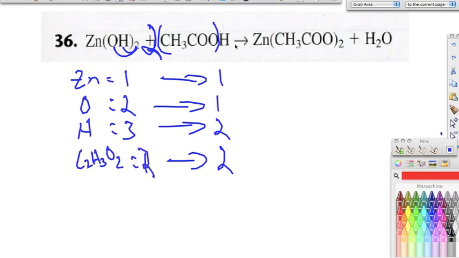But it also changes our hydrogen. Now we have 2 here and 2 there. It's going to go to a 4. So the only thing left to balance is our hydrogen and oxygens. To do that, we'll put a 2 coefficient there, which gives us 4 hydrogens and now 2 oxygens. And now we have a balanced equation.